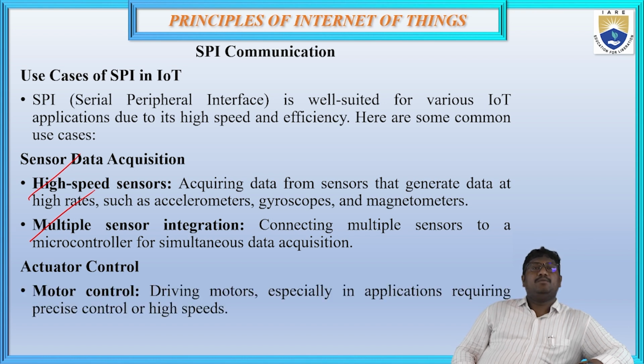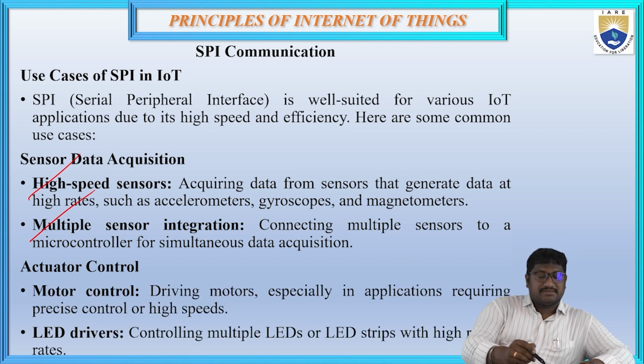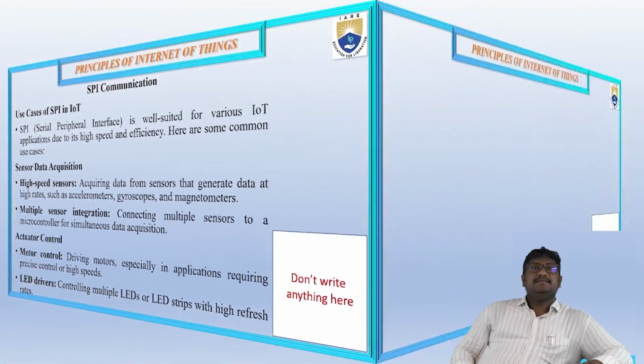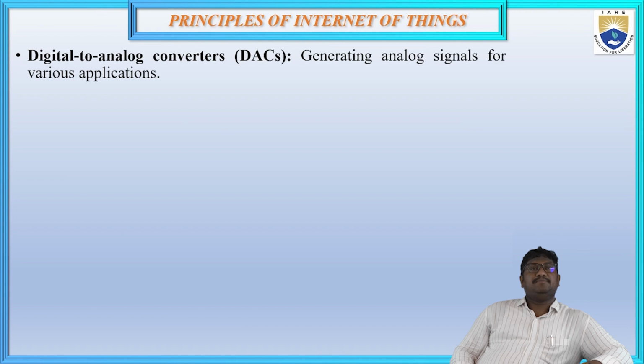And actuator control, motor control will be there, and LED drivers will be there. In actuator and motor controllers, driving motors, especially in applications that require precise, high-speed monitoring, actuator control has to be done. Coming to LED drivers, they control multiple LEDs and LED strips with high refresh rates. These are the different use cases I am showing.